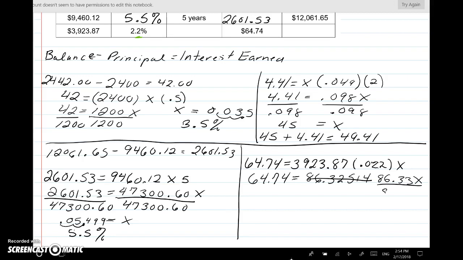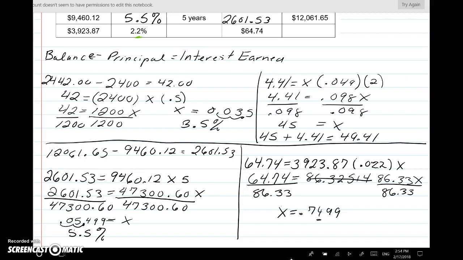X, divide by 86.33 on both sides, and I get that X equals 0.7499.